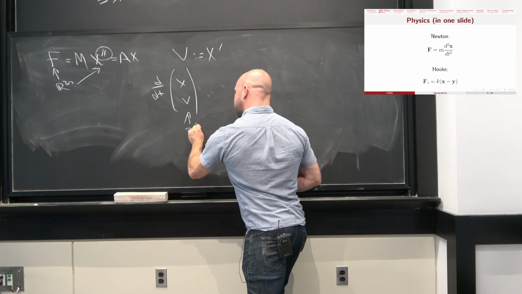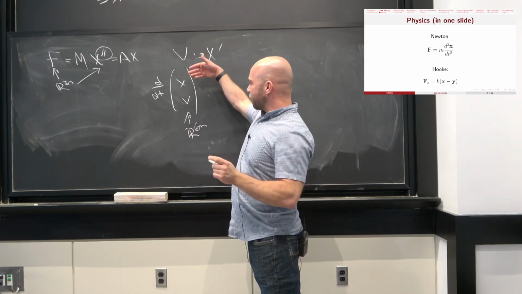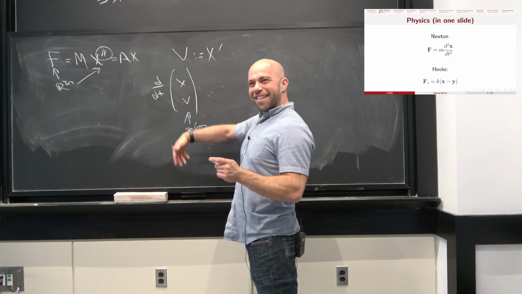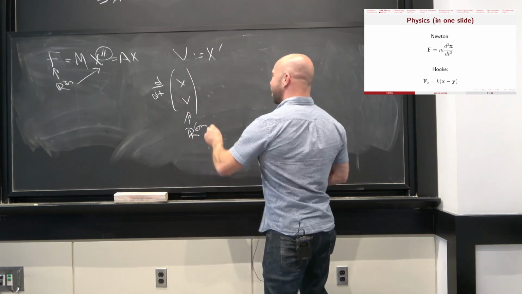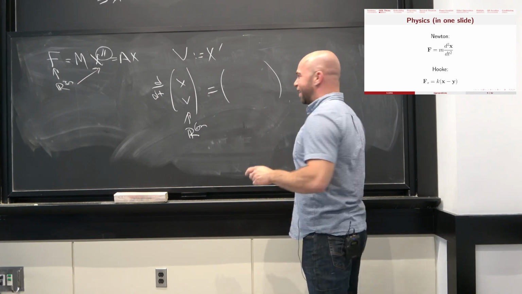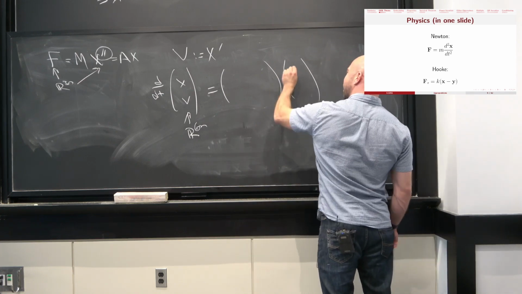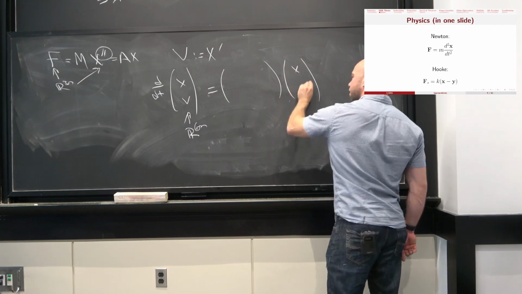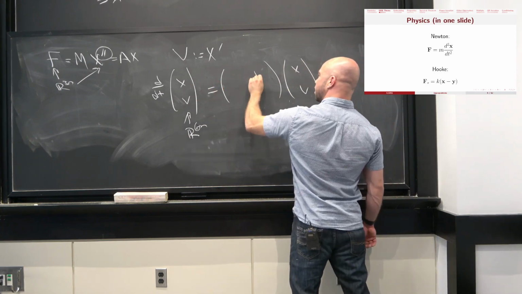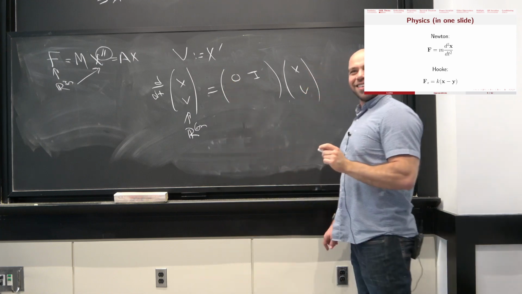R^6n. So this is like xyz, xyz, xyz, just tons of coordinates stacked together. So what is x prime? Well, it's v. Does that make sense?